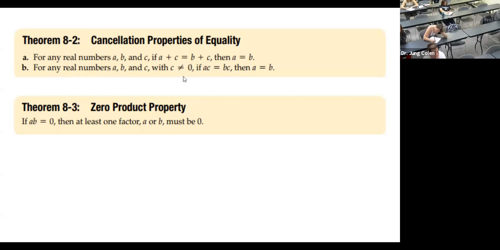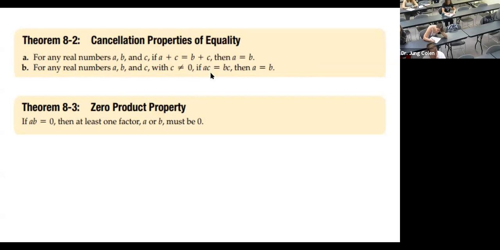Why is c not equal to 0? What happens if c is 0? It gets undefined when you're multiplying that by 1 over c. If c is 0, then 1 over 0 is undefined. Very good thinking.